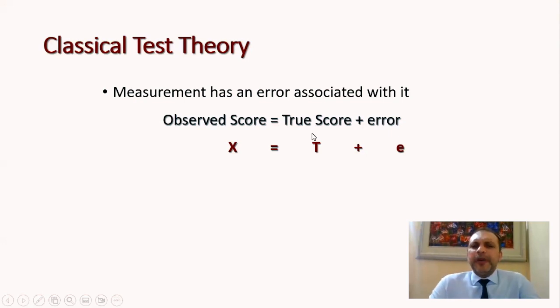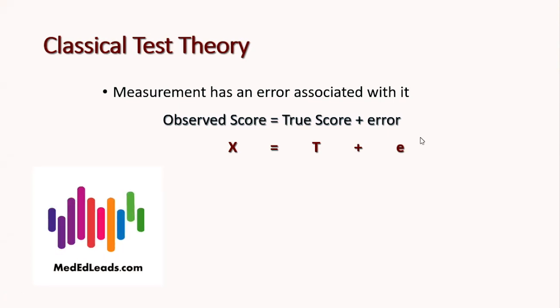Let me give you a very simple example, a very basic one. Suppose the examiner, the marker, the rater is very lenient, and gives more than required scores to students. So the error now is a positive value, which will add to the true ability of the student, and the observed score we give to the students will be higher than the true ability.